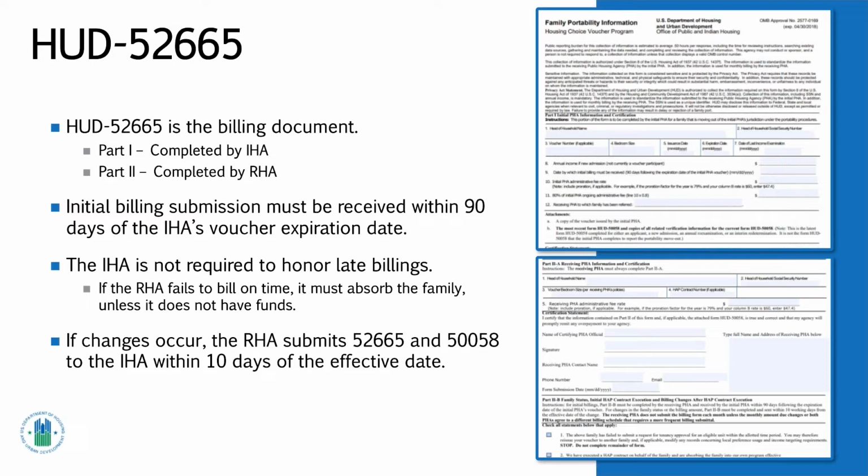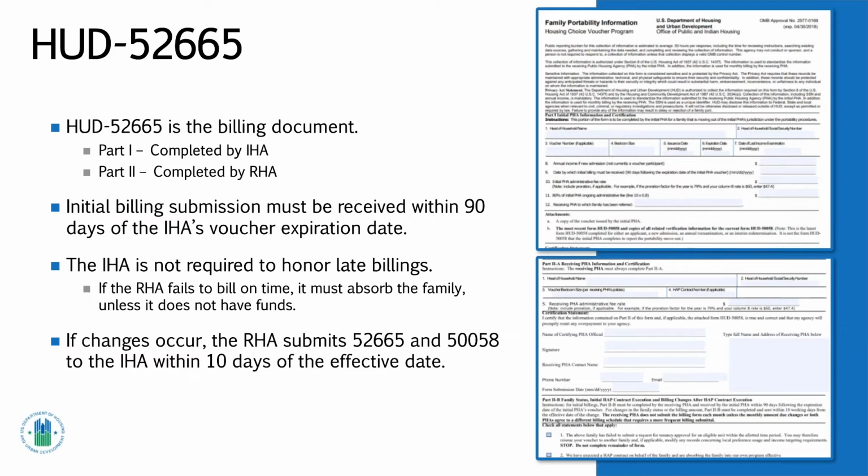So it's important that billing deadlines are being tracked so that in the event, the initial housing authority won't deny the billing. The receiving housing authorities must submit the 52665 and the 50058 to the initial housing authority within 10 days of the effective date if there are any changes.